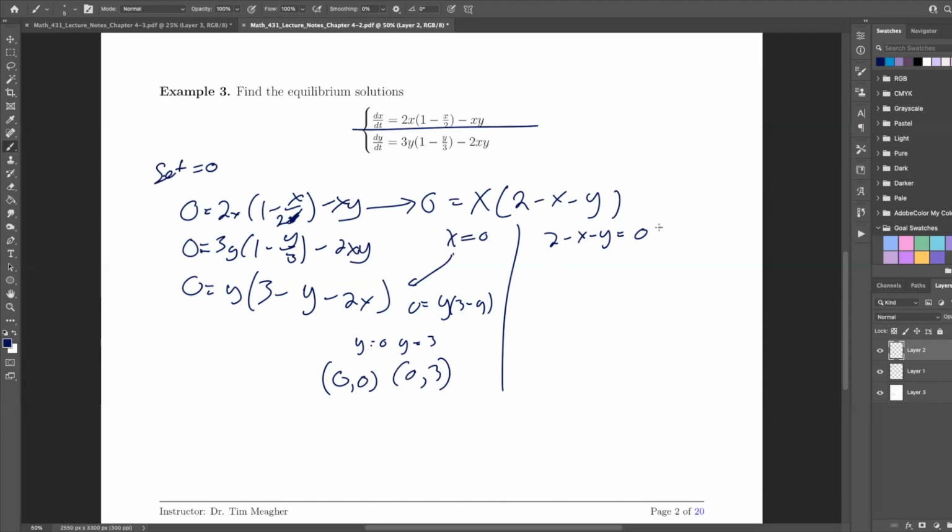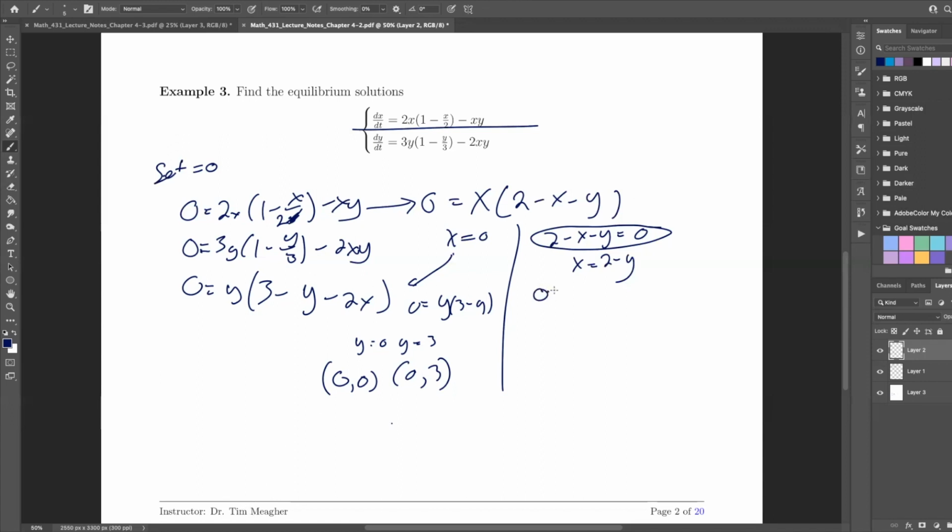All right, let's pretend this is 0. Now, does that help us? The answer is kind of yeah, because here I can solve it for x. If I solve this mess for x, what do I get? Well, here I move x over and I get x equals 2 minus y, right? And then I can plug it into here.